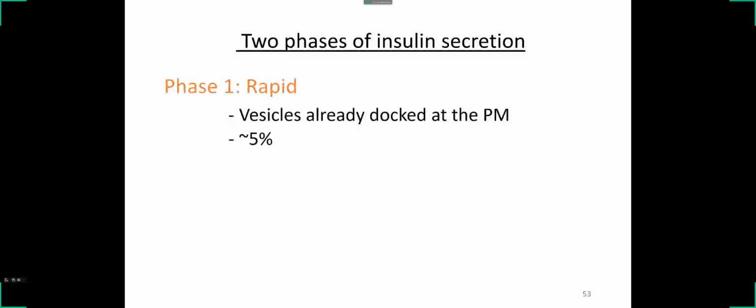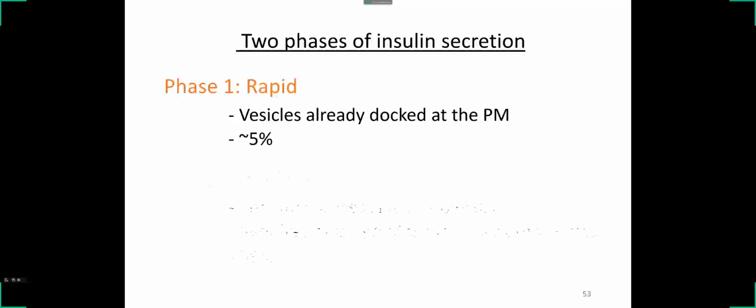These two key steps set up what is a two-phased process of insulin secretion. The first phase is very rapid. The vesicles are already docked at the plasma membrane, roughly 5% of them, and they're ready to quickly release into the bloodstream upon a trigger.